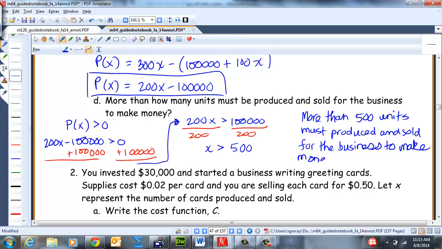So basically, starting with the 501st bike, they start making money. All right?